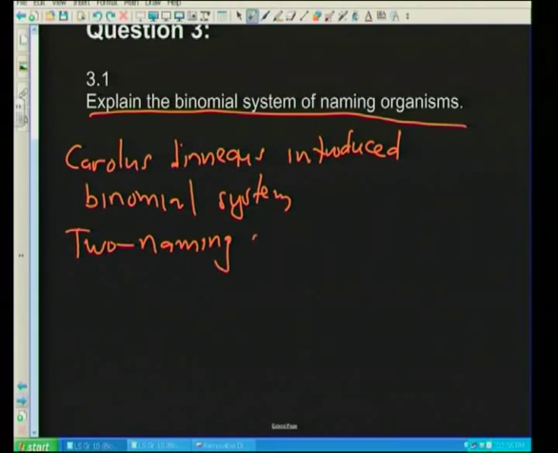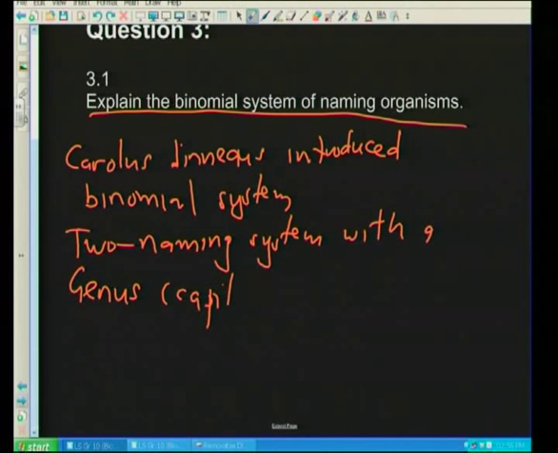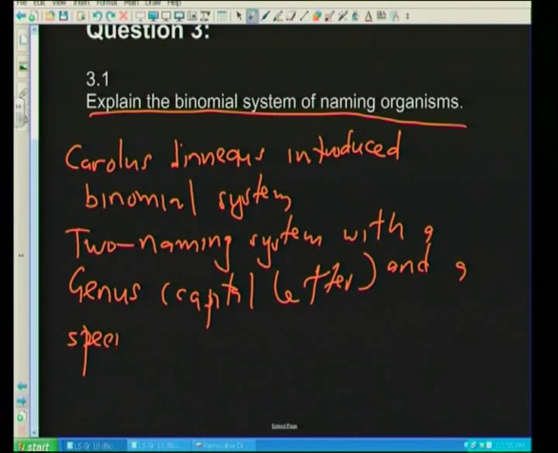It is a two naming system with a genus in a capital letter and a species in a small letter.